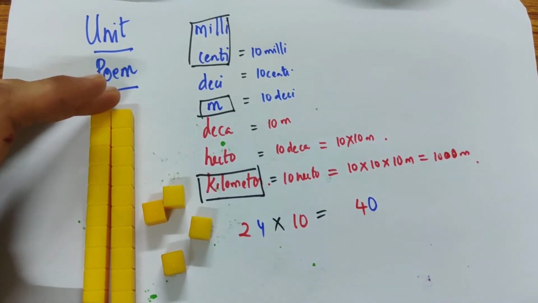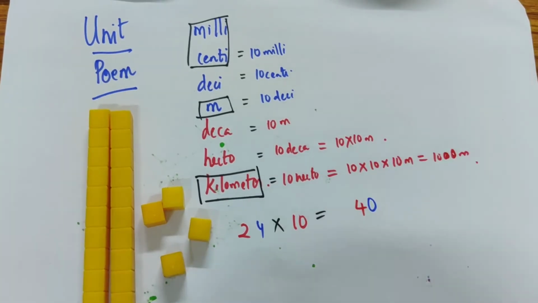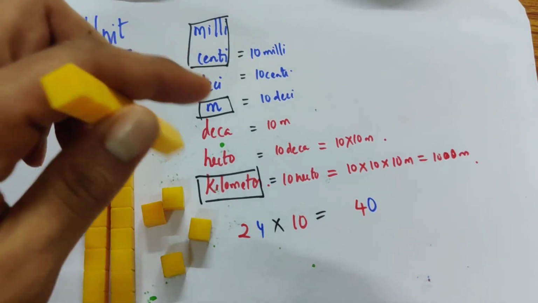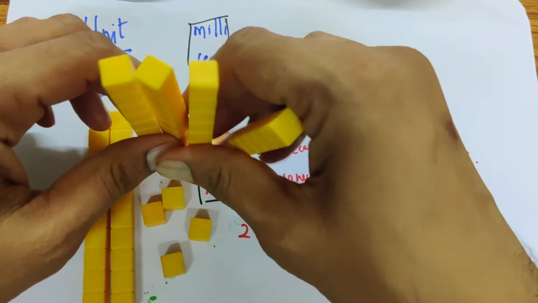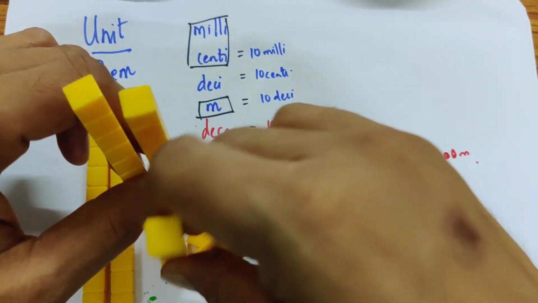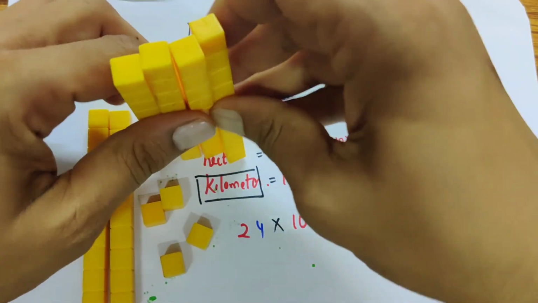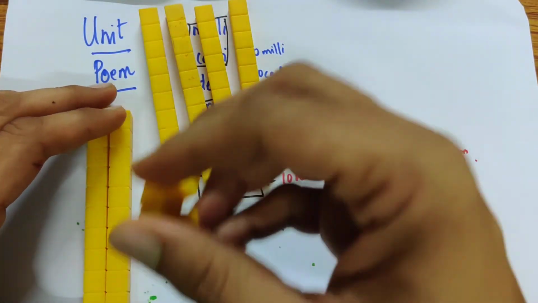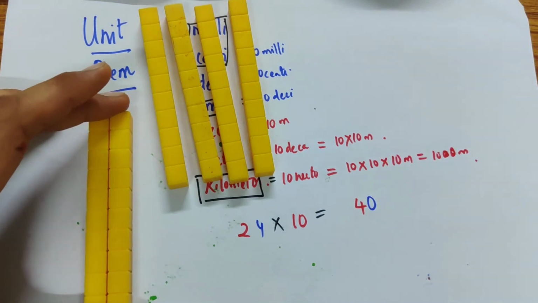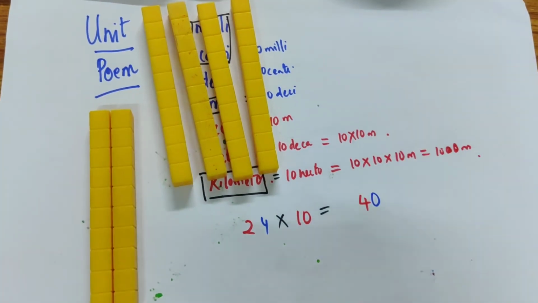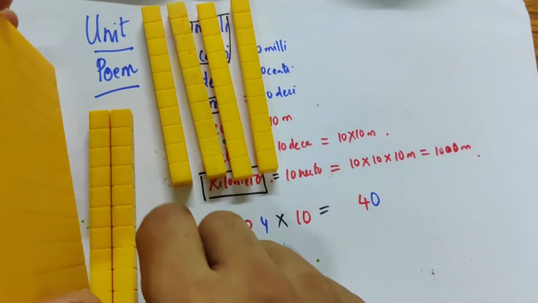So you can literally show it. You can say okay, when I multiply by 10, each of the ones grows up to be a 10. So that's your 40. These got multiplied by 10. And then each of the 10s grew up to become hundreds.